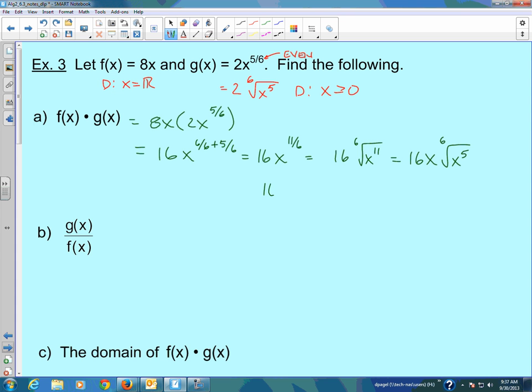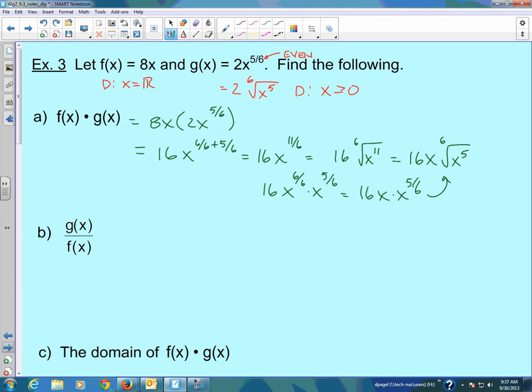Or you could have done, let's work with exponents, 16x to the 11/6 is the same thing as 6/6 times x to the 5/6, which is 16x times x to the 5/6. And that again takes us back to this radical form.